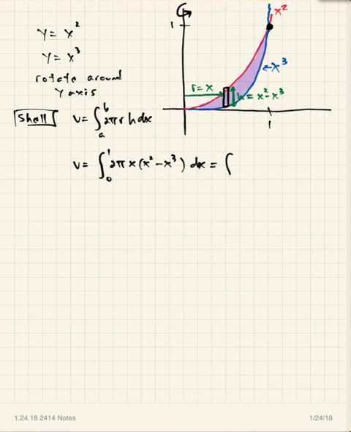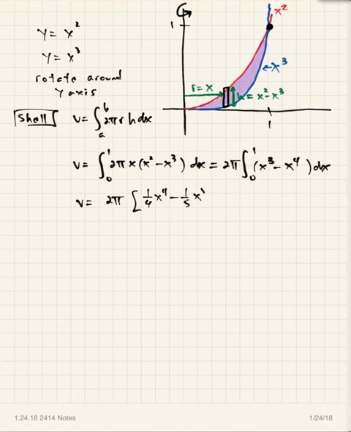And so that's actually not too bad. You end up with, take the 2 pi out, the integral from 0 to 1 of x cubed minus x to the 4th. That's actually not too bad. And so you end up with volume to be 2 pi times 1/4 x to the 4th minus 1/5 x to the 5th, from 0 to 1.